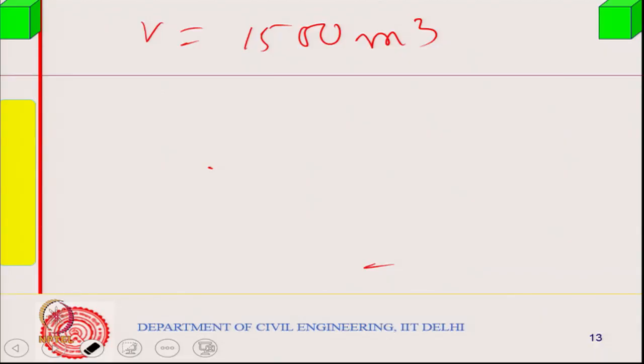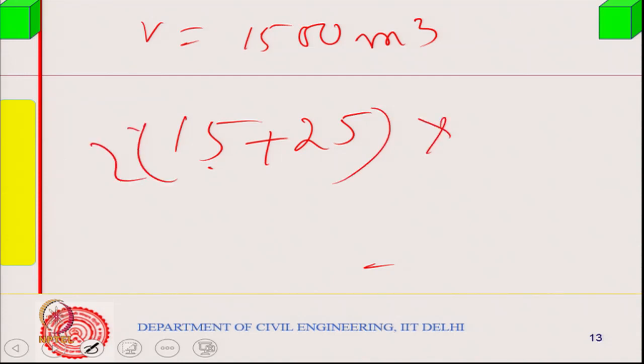Wall area is 15 plus 25 into 2 into 4, right. So, this would make it 40 into 2, 8 into 40, 320 meter square.